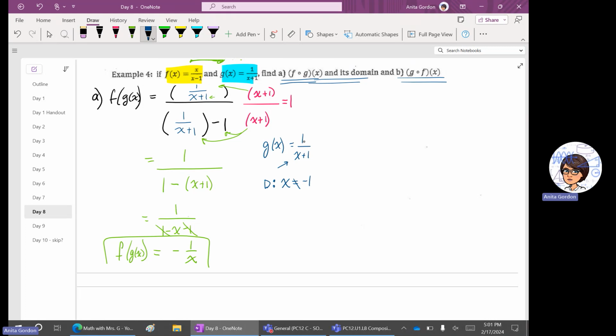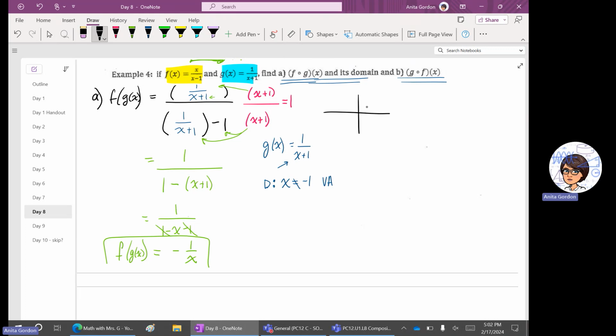And when we have a fraction with an x on the bottom, a restriction like this actually represents a vertical asymptote. Okay, vertical asymptote means that we have an imaginary vertical line at x = -1. The graph cannot touch it. So that means we have a horizontal asymptote as well.